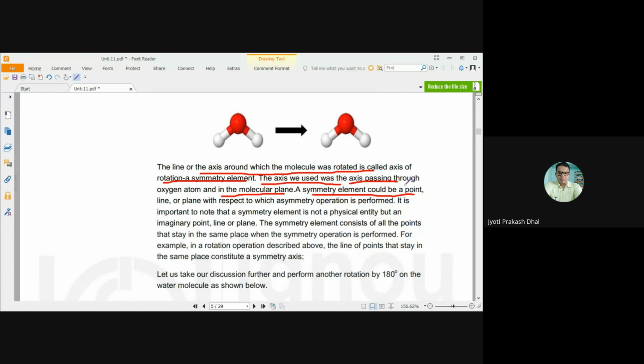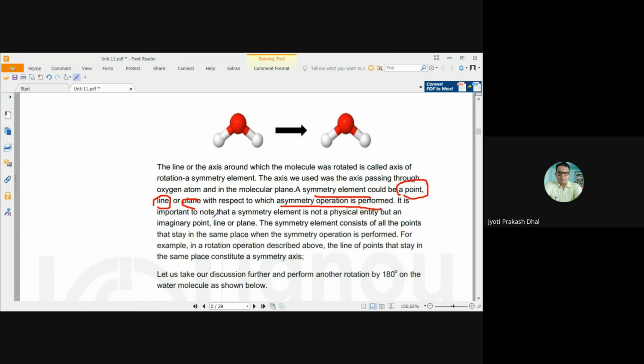So there are different types of symmetry elements: the symmetry axis, and similarly the other symmetry elements that may be a point, a line, or a plane with respect to which the symmetry operation is performed.